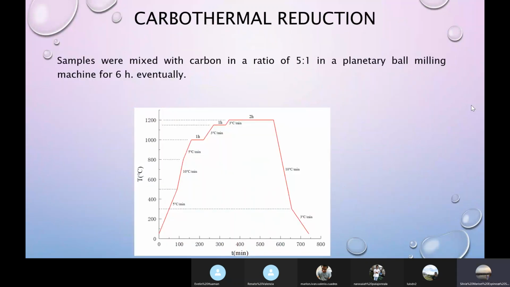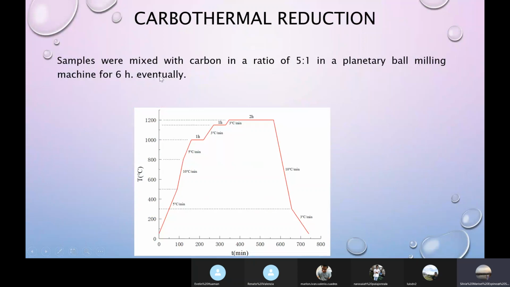For carbothermal reduction, the sample was mixed with carbon in a ratio of 5:1, that's to say 50 grams of iron oxide to 10 grams of carbon, in a planetary ball milling machine for 6 hours.